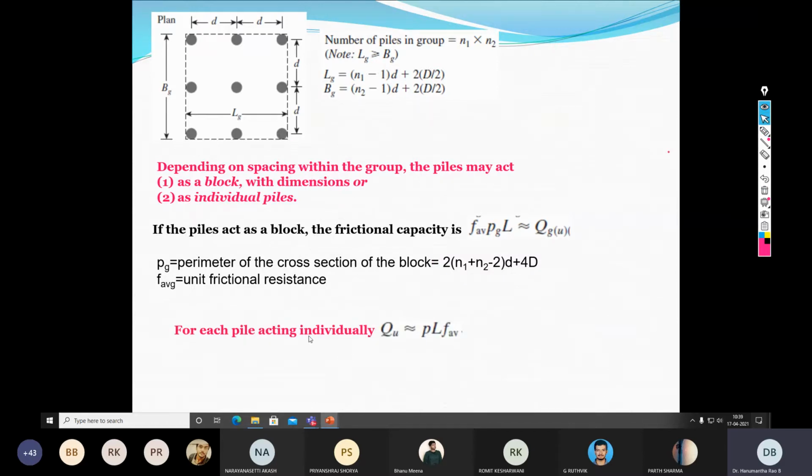For each pile acting as an individual pile, the ultimate capacity is P into L into F average. F average is the unit skin friction, but here the perimeter is pi times D. In the pile group, the perimeter is 2 times of BZ plus 2 times of LZ.